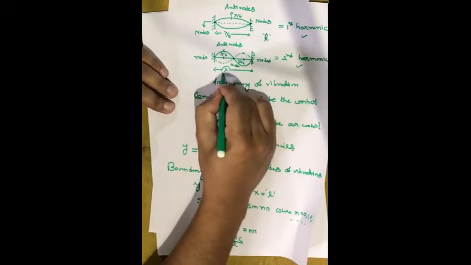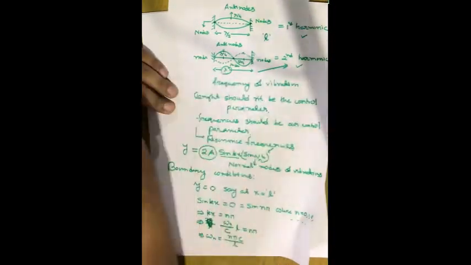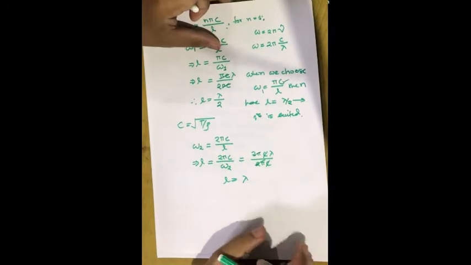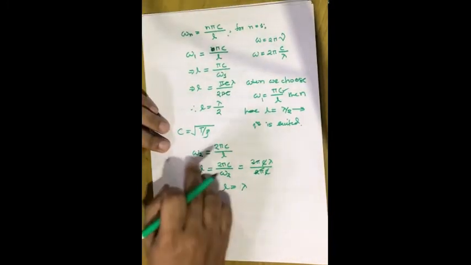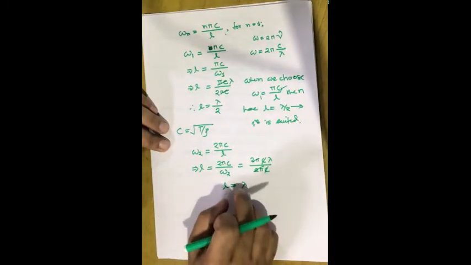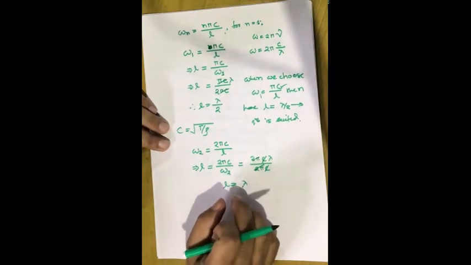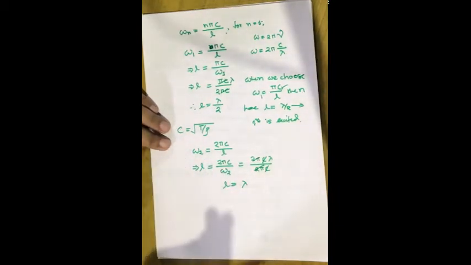As I have told you, L is equal to lambda will give us the second harmonic, and L is equal to lambda by 2 will give us the first harmonic. In this way we can choose the value of omega, and by that we can have control over the frequency generation, thus first harmonic, second harmonic, third harmonic generation of the wave.